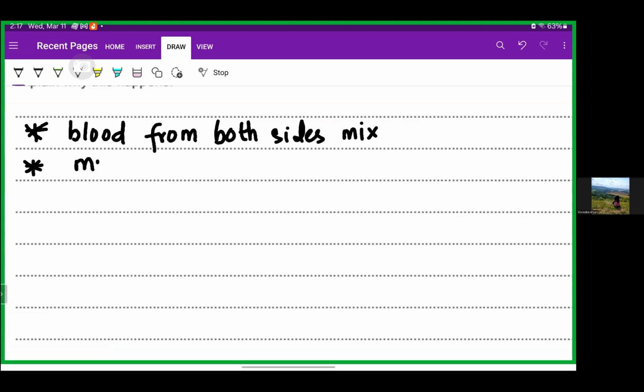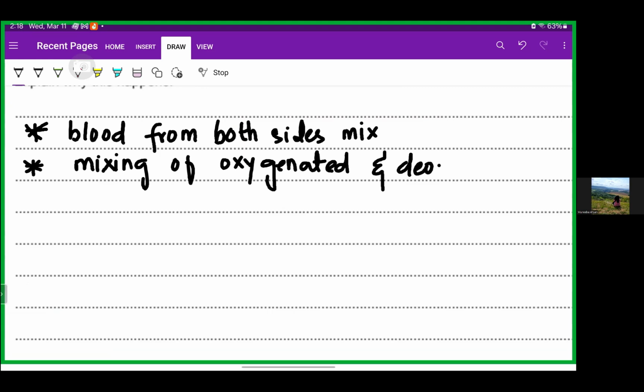Or you can write mixing of oxygenated and deoxygenated blood.